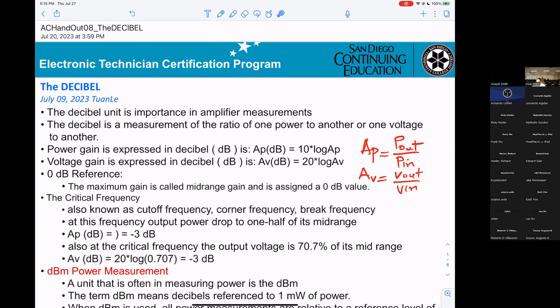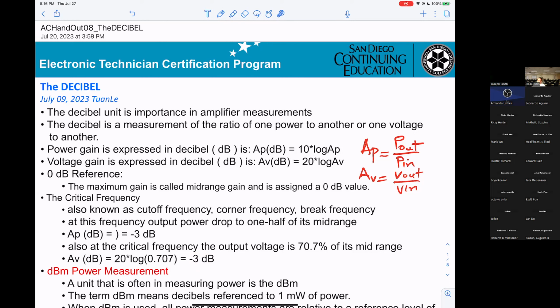Also, at this critical frequency, output voltage is 70.7% of its mid-range value. And now you can see AV in dB equals 20 times log of 0.707, which equals minus 3 dB.